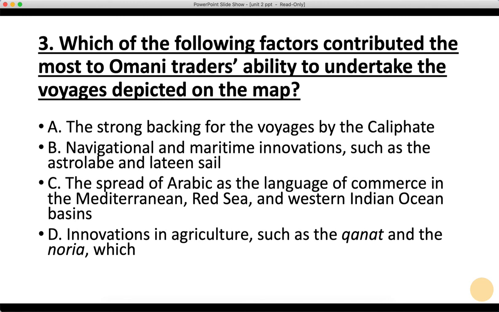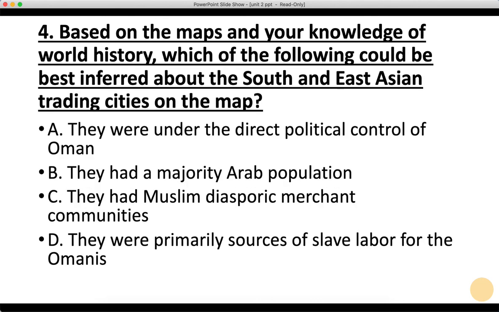Which of the following factors contributed the most to Omani traders' ability to undertake the voyages depicted on the map? Based on the maps and your knowledge of world history, which of the following can be best inferred about South and East Asian trading cities on the map?